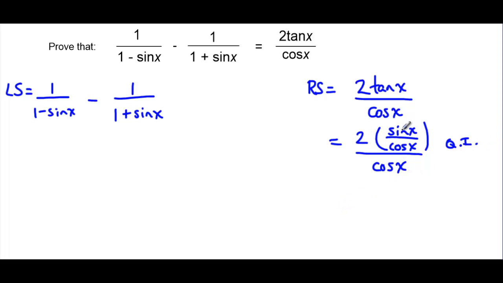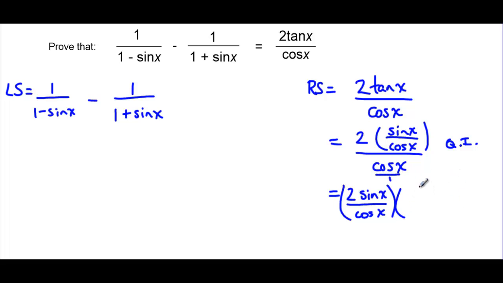Now, 2 times sine x over cos x, all divided by cos x, can simplify like this. 2 times sine x over cos x, that's the numerator, will multiply with the denominator when it's flipped, right? Flip and multiply. So cos x, remember, is the same as just saying cos x over 1.